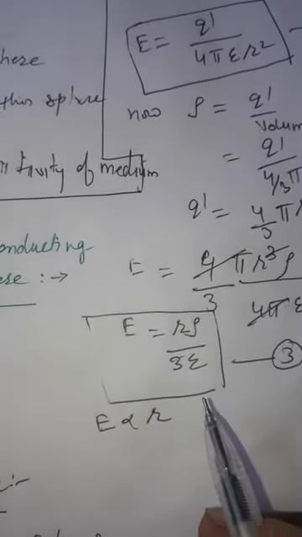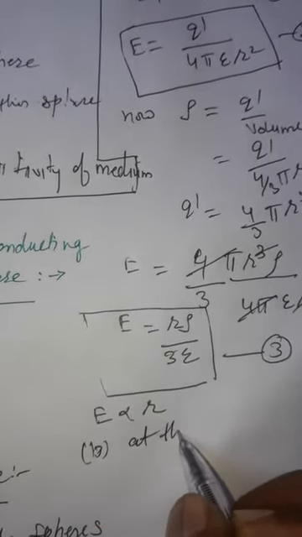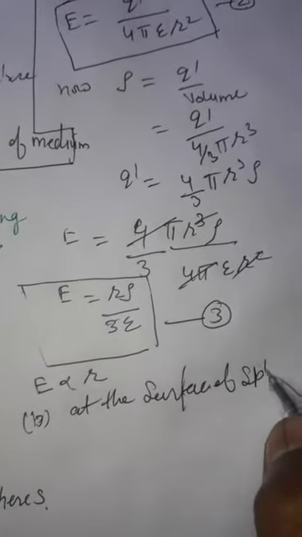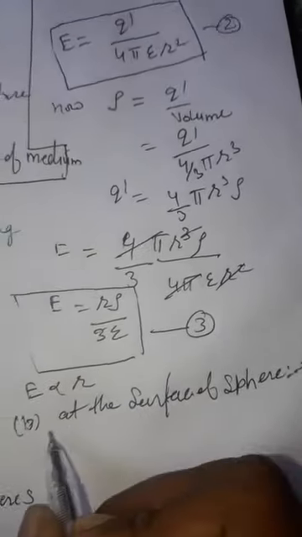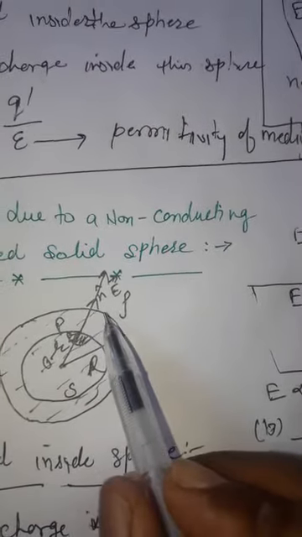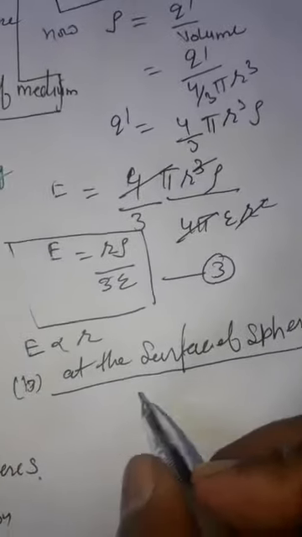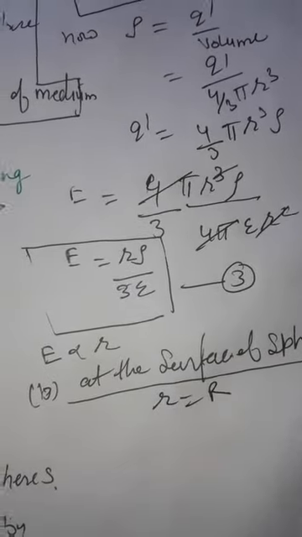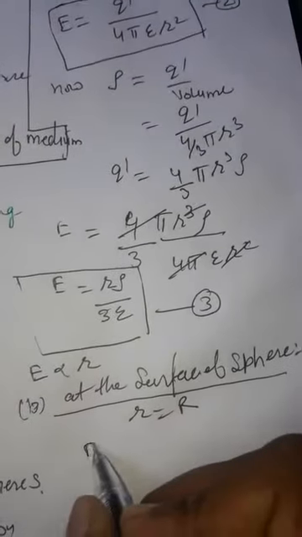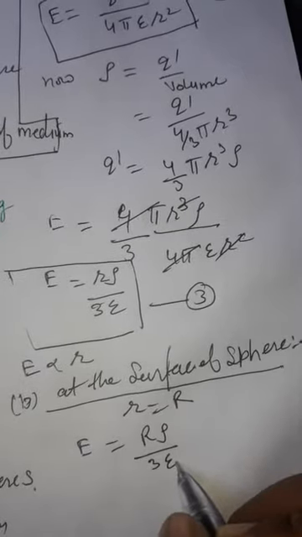Now if we consider the second case, that is at the surface of the sphere, point P is on the surface, so small r equals capital R. From equation 3, E equals R rho upon 3 epsilon.